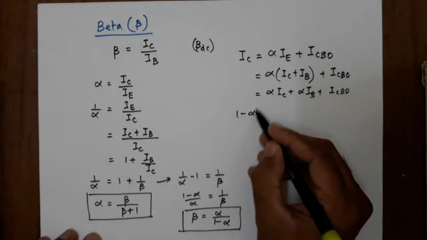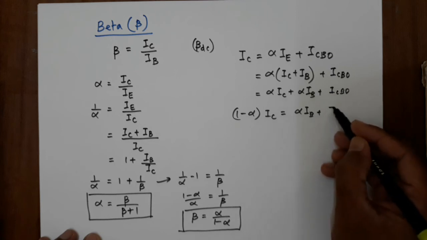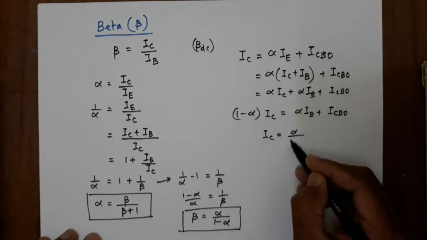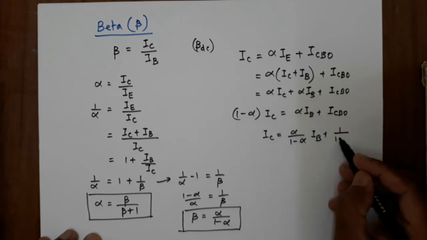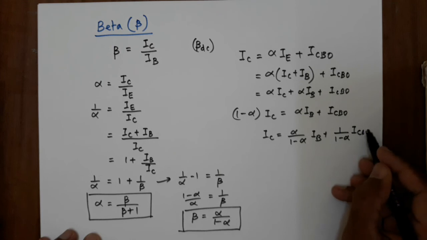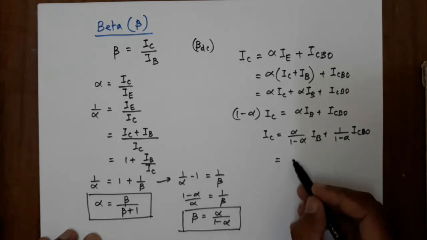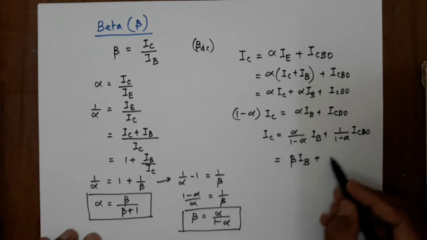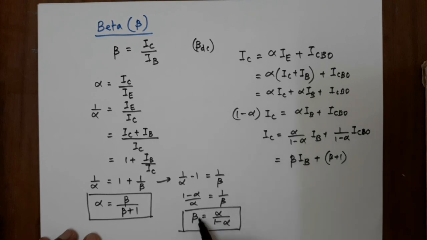So I can write (1 minus alpha) into IC is equal to alpha IB plus ICBO. So IC is equal to alpha by (1 minus alpha) into IB plus 1 by (1 minus alpha) ICBO. Alpha by (1 minus alpha) is nothing but beta, so it is beta IB. You can see that 1 by (1 minus alpha) will be beta plus 1, that you can check. If you take beta plus 1, you will get 1 by (1 minus alpha) from this expression.